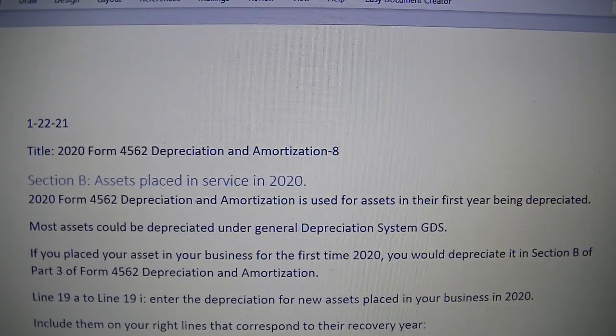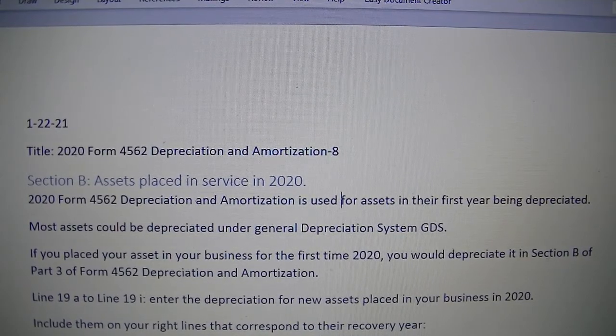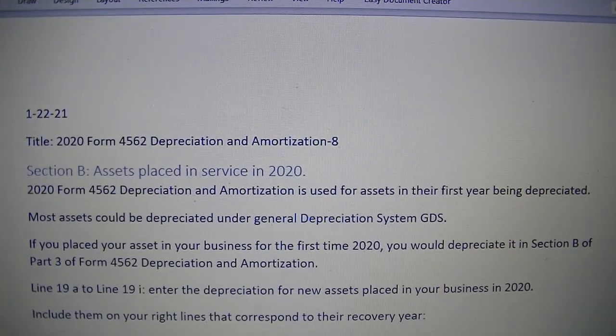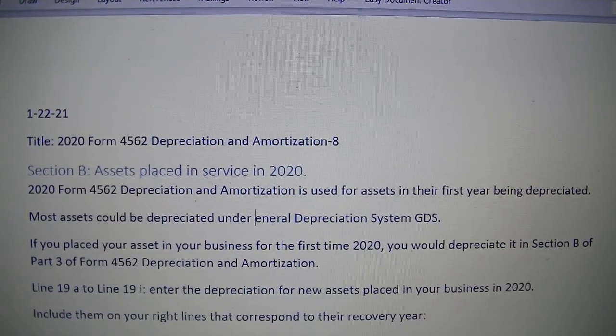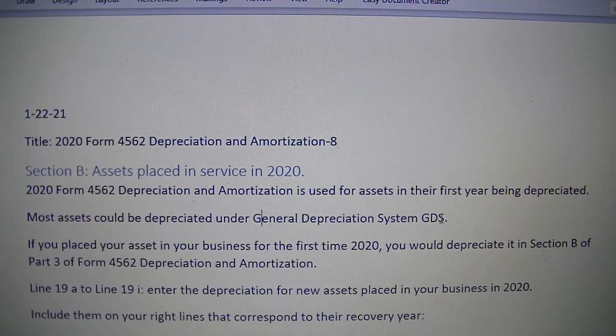Under the modified accelerated cost recovery system, there are two systems used: GDS, General Depreciation System, and ADS. A lot of the time you will use GDS.